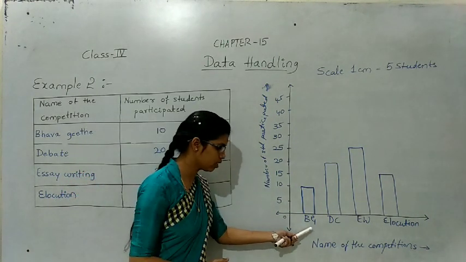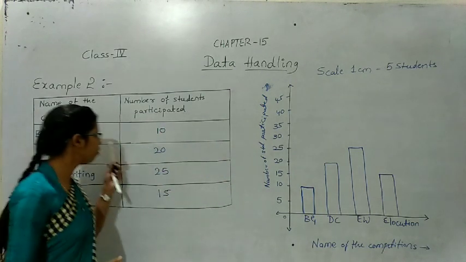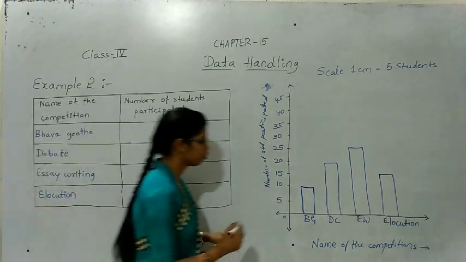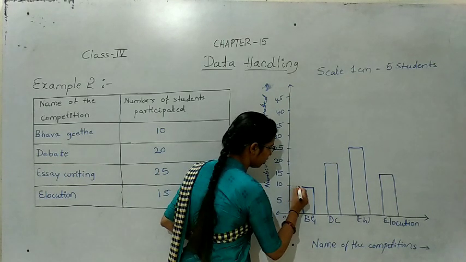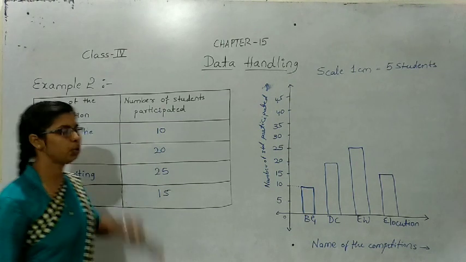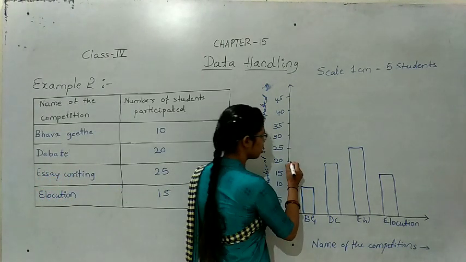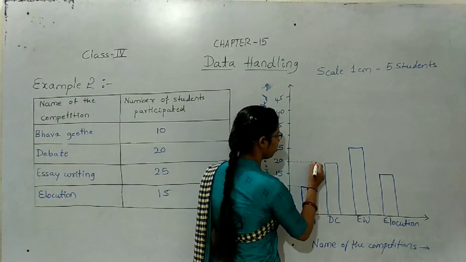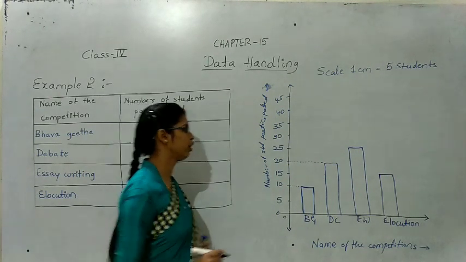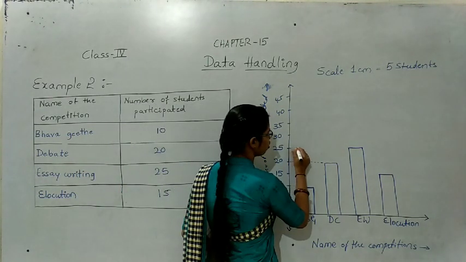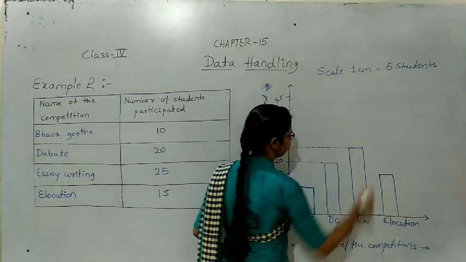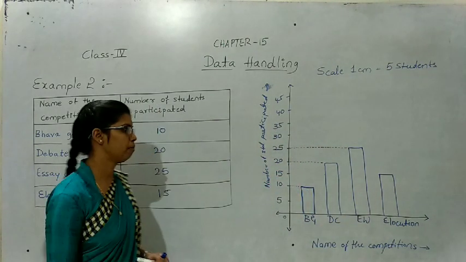See dear students, here Bhavagiti is there. In Bhavagiti, the number of students participated is 10 members. So that's why this bar is exactly equal to 10. And the second one is 20 members. So the second bar is exactly equal to 20. And the third one is 25 members. So the bar is exactly equal to 25 members.